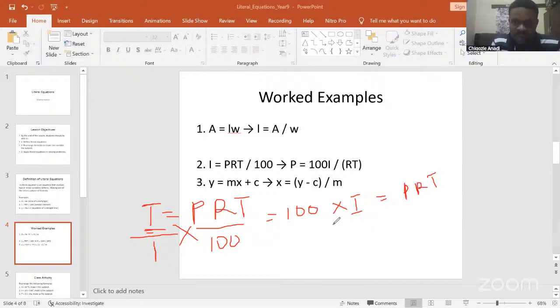Now, since we're making P the subject, we divide both sides by RT. So RT cancels out RT, and we're left with P equals 100 times I all over RT. And this is our answer.